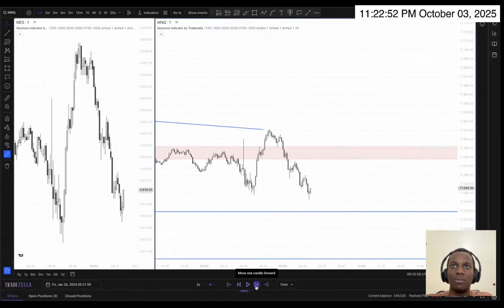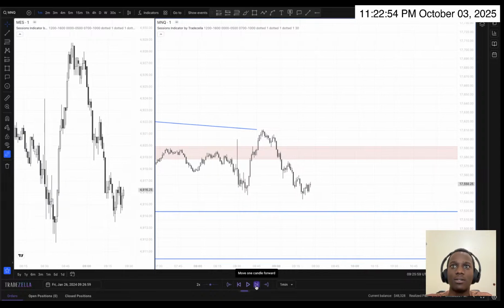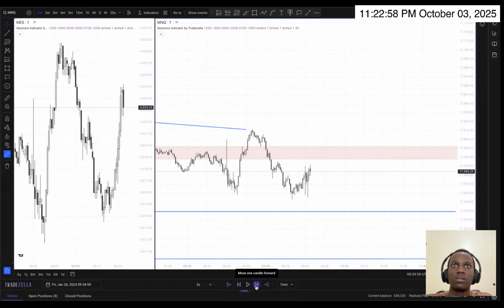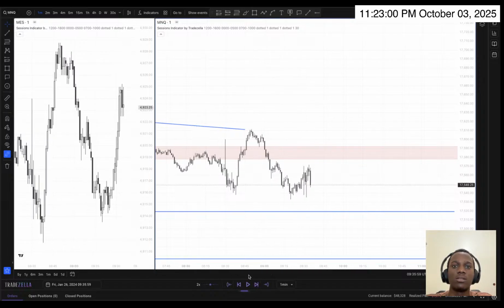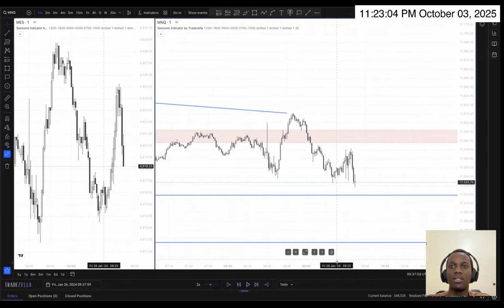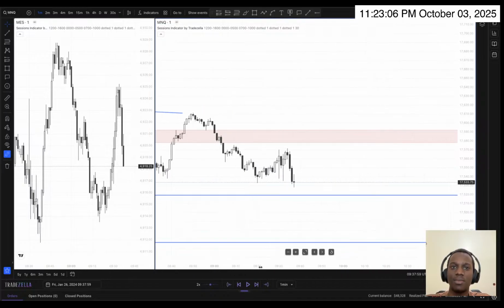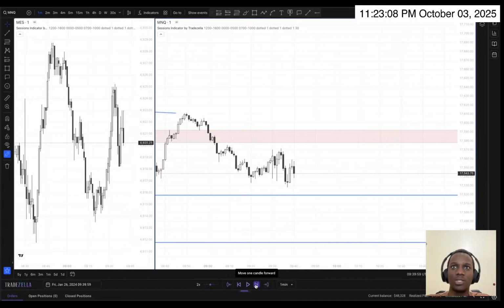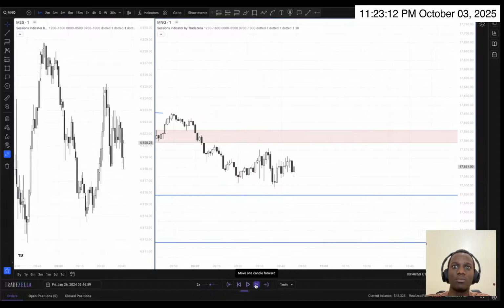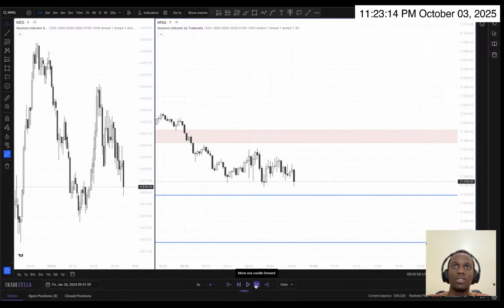That's why I wait for the open. If ES takes out this high and forms another SMT, then that will be the confirmation that manipulation has already taken place. I'm waiting for some sort of manipulation.